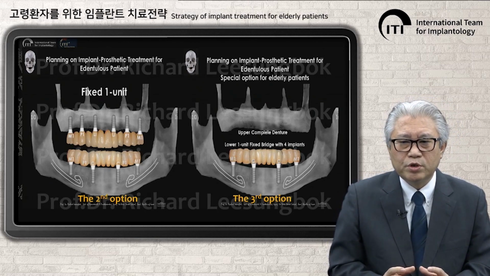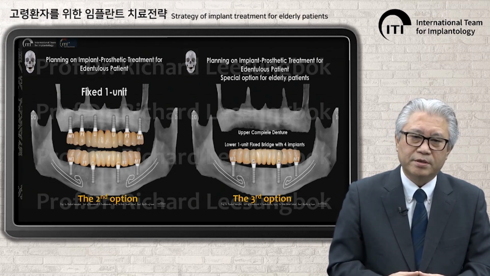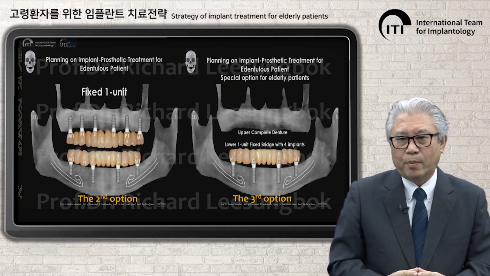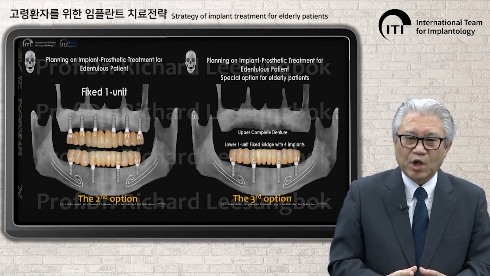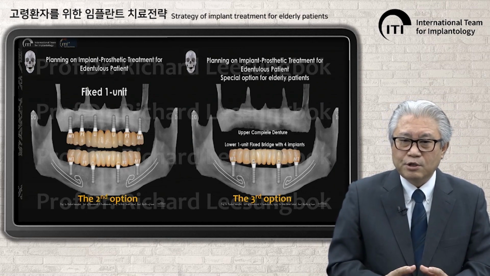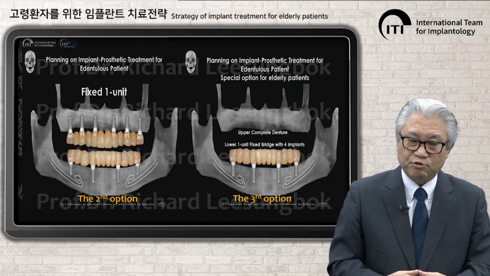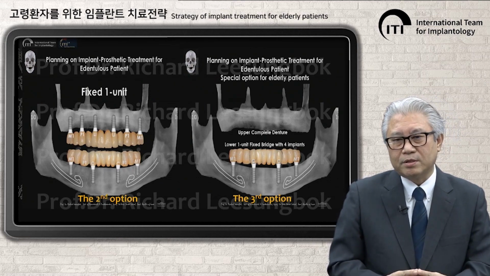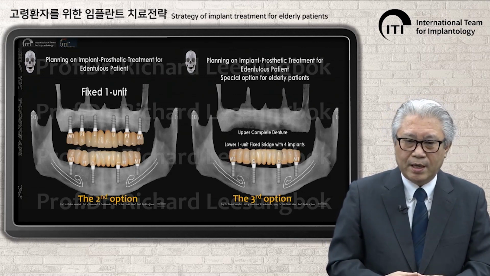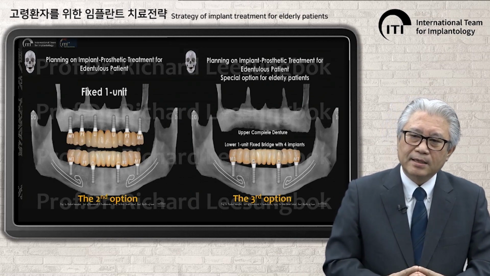The third option is to wear a complete denture on the upper and provide a 1 unit fixed restoration to the lower 4 implants. But since these 1 unit fixed restorations require very high and precise technical skills in their manufacture, dentists and dental technicians must be fully trained in high-level technology and philosophy for smooth communication between the two sides.